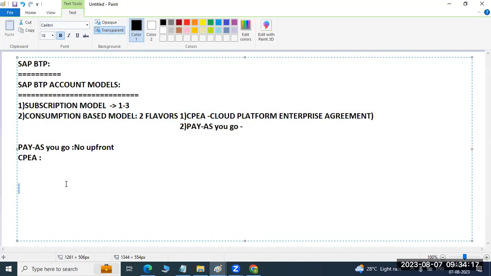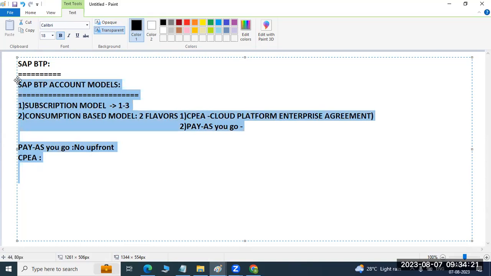So this is what we discussed today about the SAP BTP account models, right? Let me pause here. Any questions from anyone? After the meeting, I will share documentation with everyone so that you can go through it.